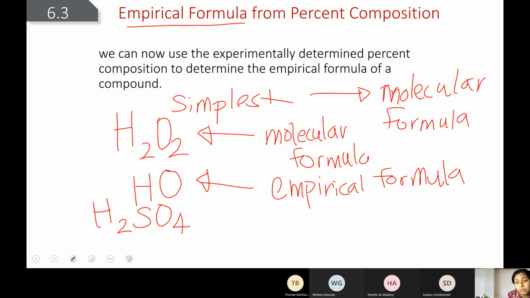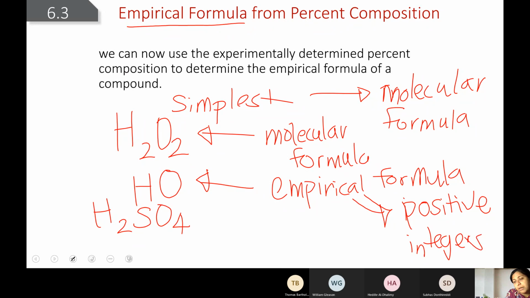The empirical formula should be the simplest ratio given by positive integers. So we cannot give decimals or fractions. So therefore this H2SO4 is the molecular formula as well as the empirical formula.